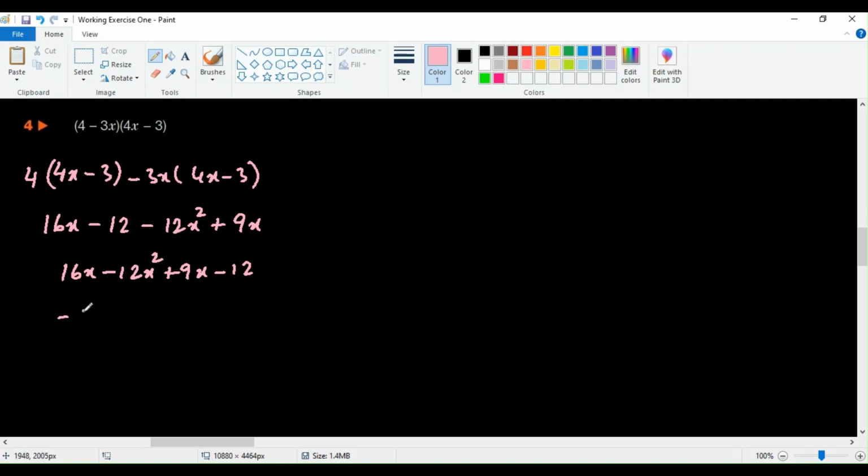So I will write once again 16x square will be first, and then comes minus 12x minus 12x, and then comes this number. Now this means minus 12x minus 12x gives us minus 24x, and plus 9 is the final answer for this question.